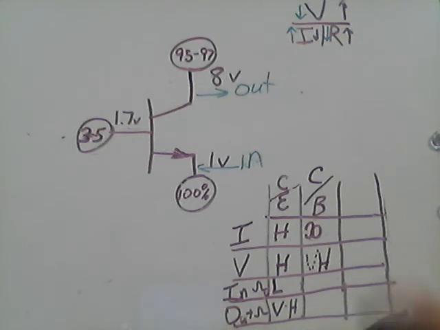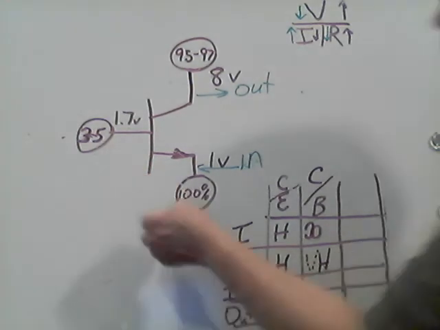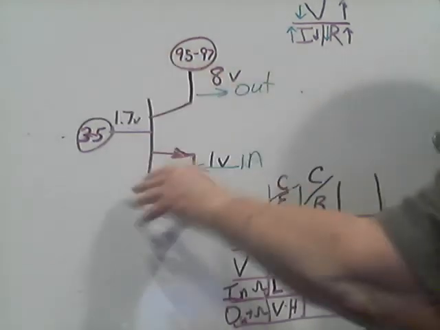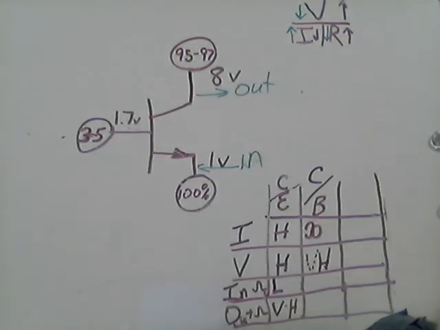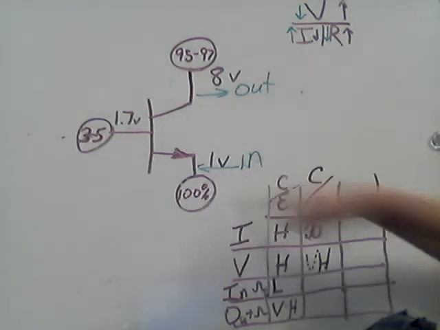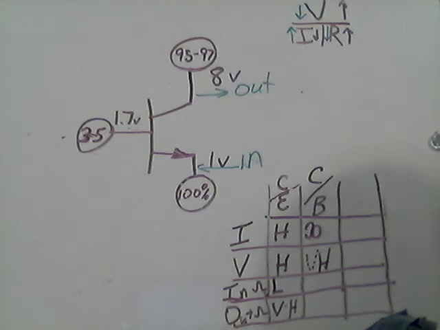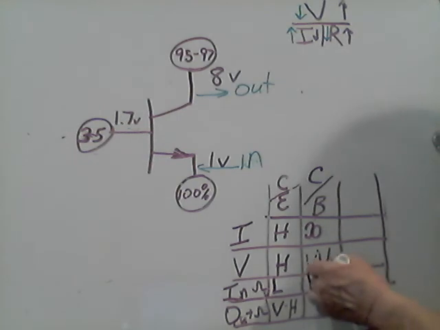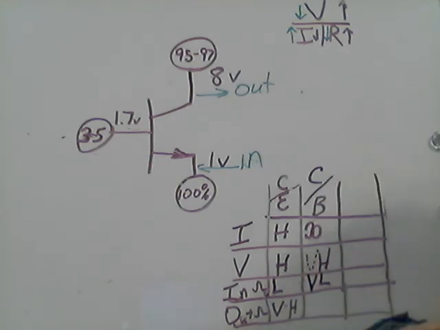The input resistance now is only across here again versus here. So the input resistance for this particular device is very low because it's actually just going to be this emitter resistor, whatever it is. So this is a very low input resistance.